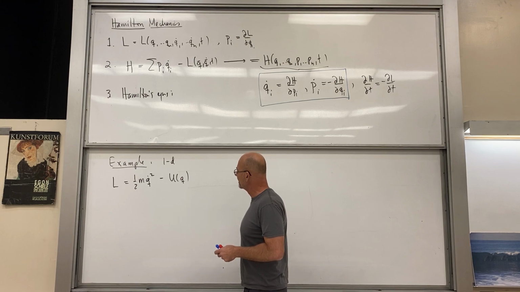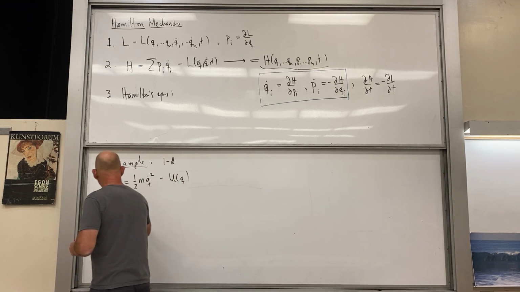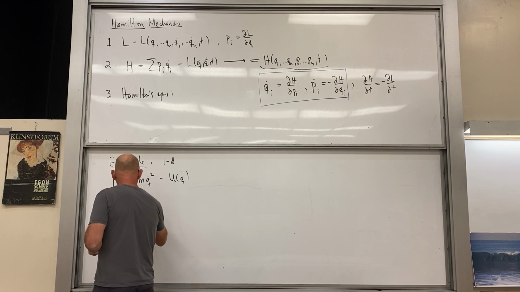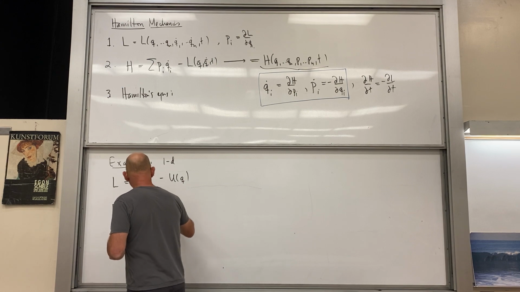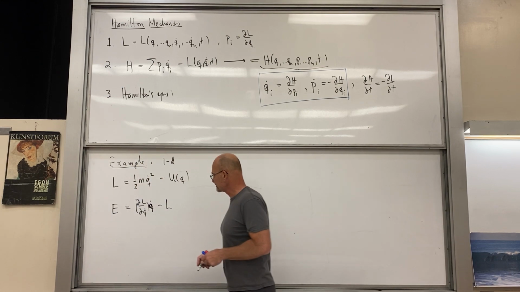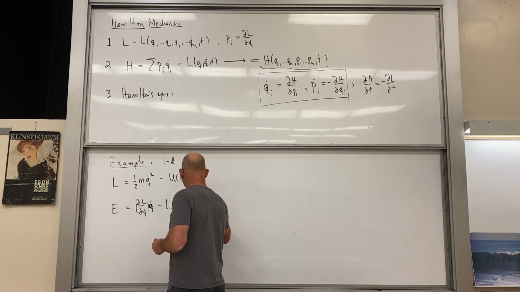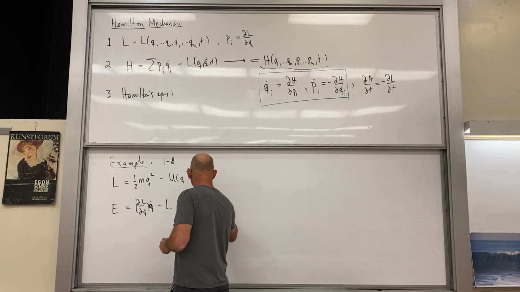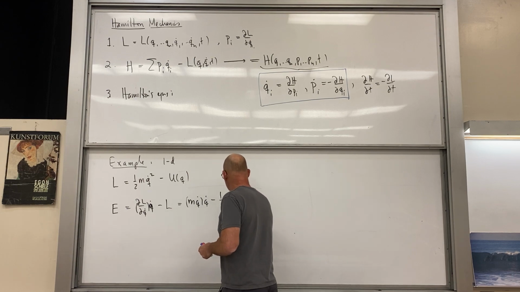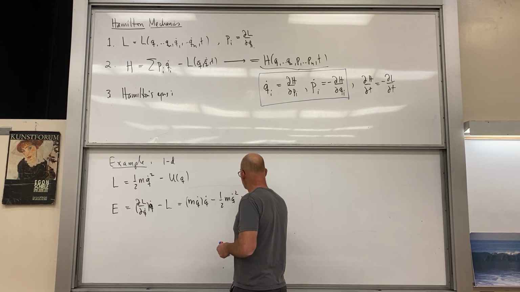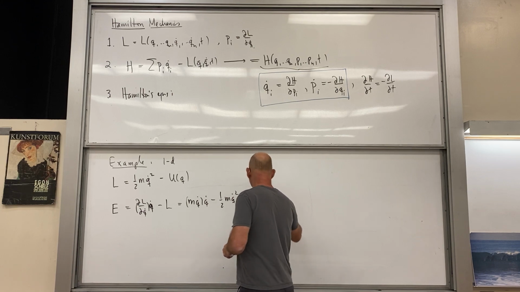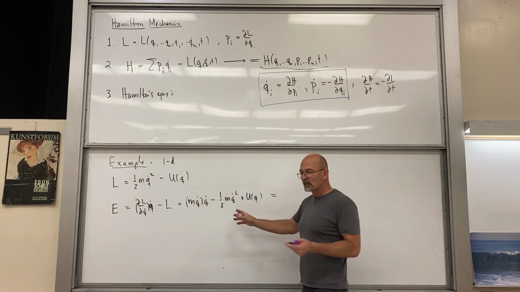And the energy is ∂L/∂q dot times q dot minus L. There's only one degree of freedom. So that's m q dot times q dot minus 1/2 m q dot squared minus negative, which is plus U of q. Of course, we could have just written that down anyway.